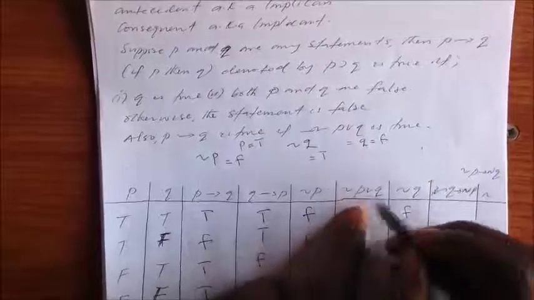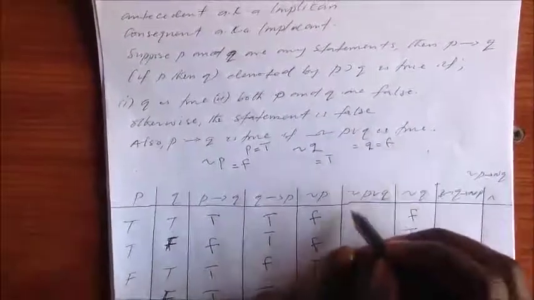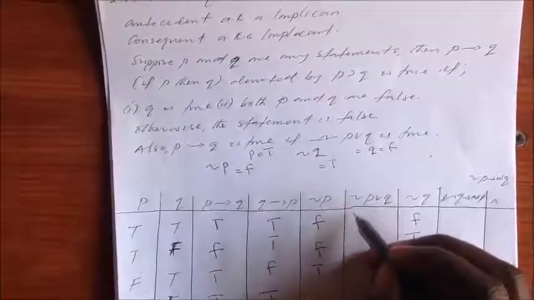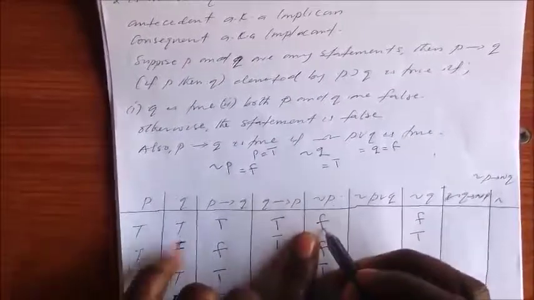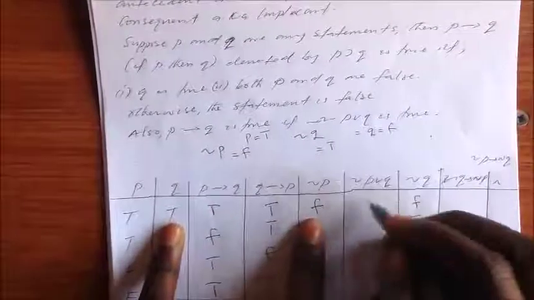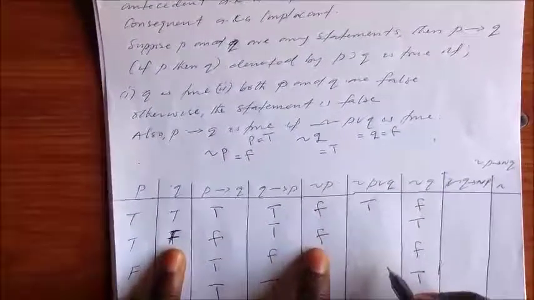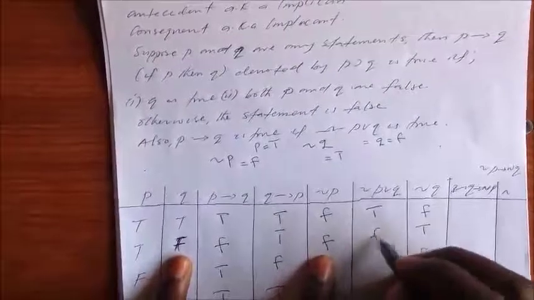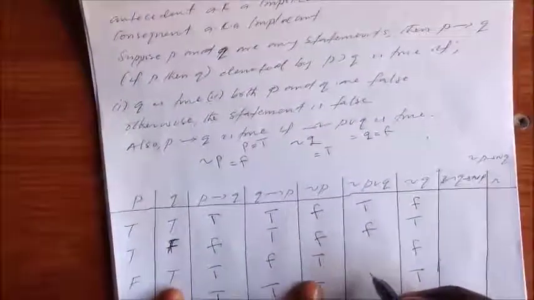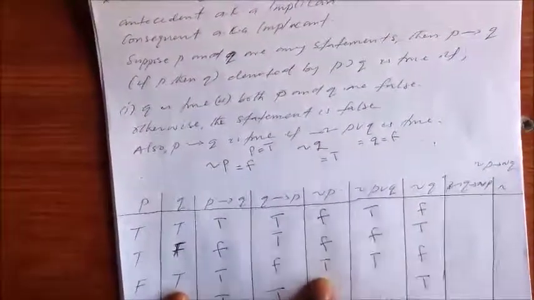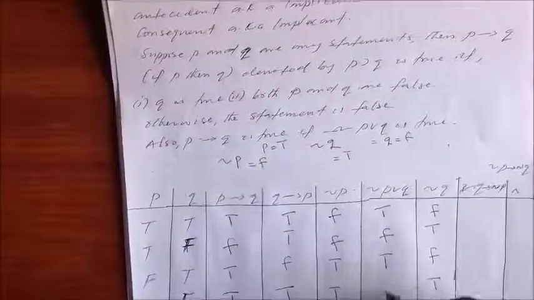Then the negation of P or Q. Or means at least one of the statements must be true. You see Q is true, so here is true. Then we have false, false, so it is false. True, true is true. True, false is true.